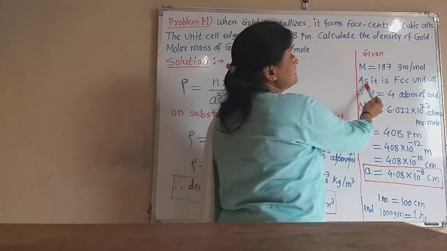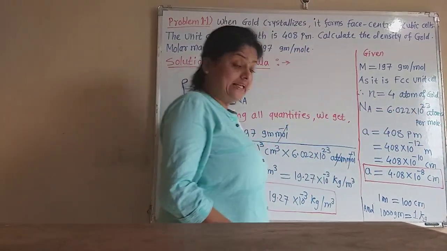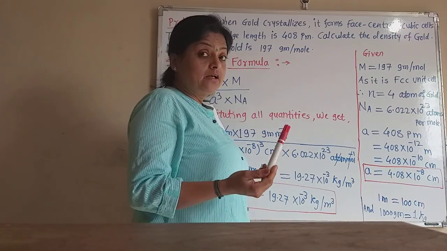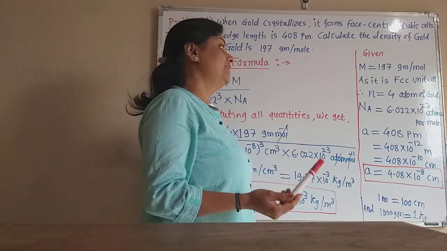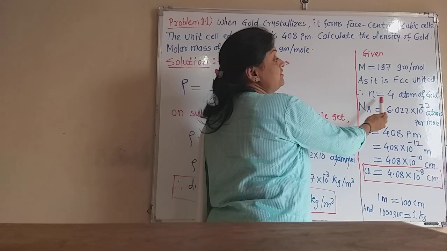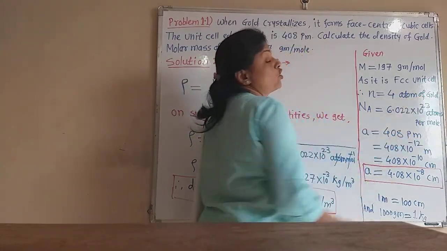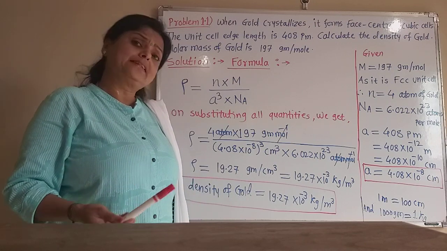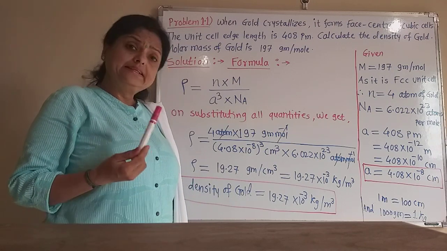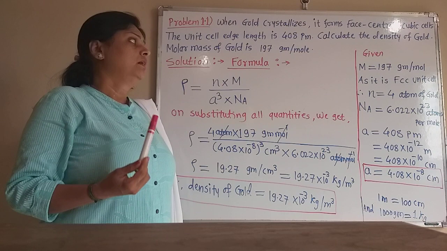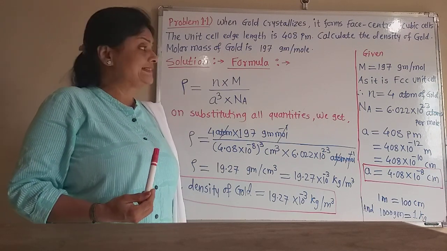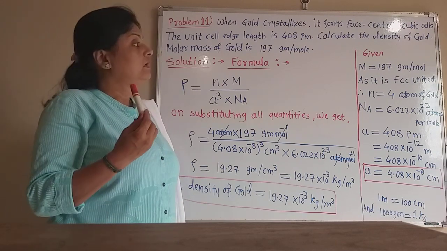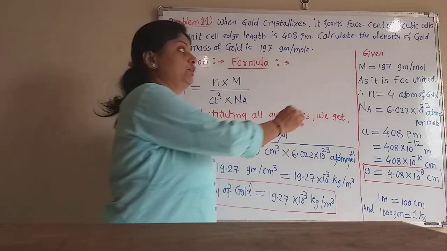Again, as it is a face-centered unit cell, indirectly they have given us the number of particles, N equal to 4 atoms of gold, because gold is an element, so there are atoms in gold. Therefore the face-centered gold unit cell has 4 gold atoms. So N is equal to 4.